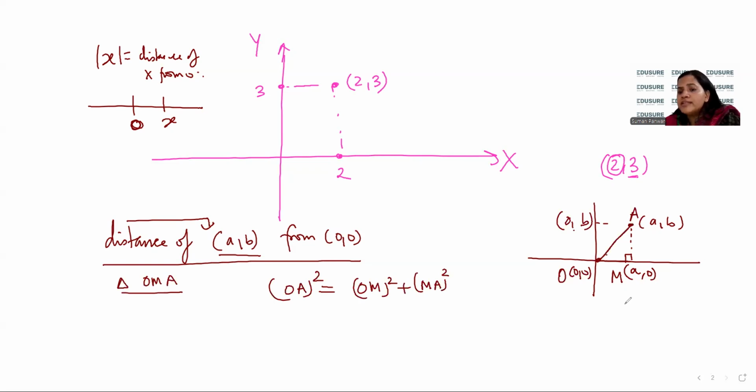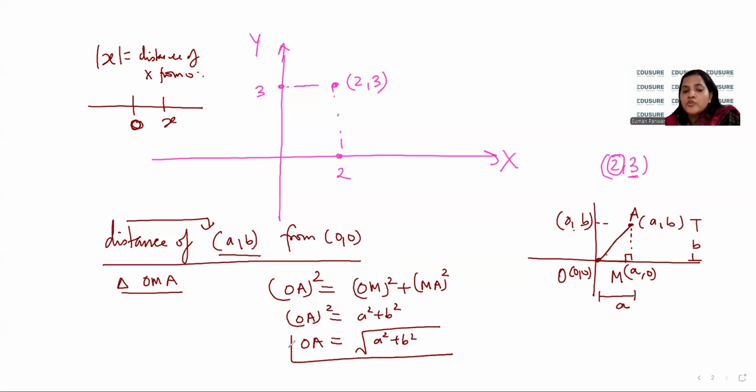The base has length A. The perpendicular has length B. So OA square equals A square plus B square. So OA, which is nothing but the distance between A, B and 0, 0, that is the origin, is under root A square plus B square. We do not take the negative sign because the distance can never be negative. So this is the distance of A, B from 0, 0 on a coordinate plane.